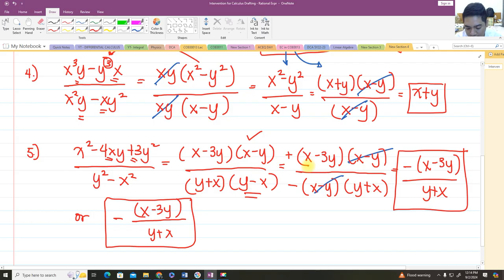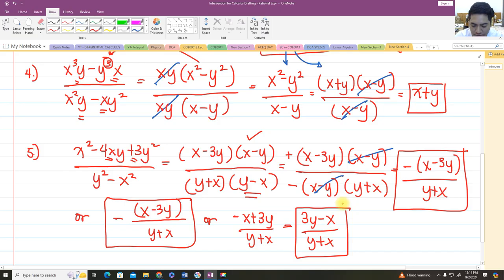So that will be your answer for this. Or you can distribute the negative, so you'll have negative x plus 3y all over y plus x. Or rewriting, you have 3y minus x all over y plus x. So this could also be the answer. For as long as they're already factored out and simplified, then we will not have much trouble in the answer.